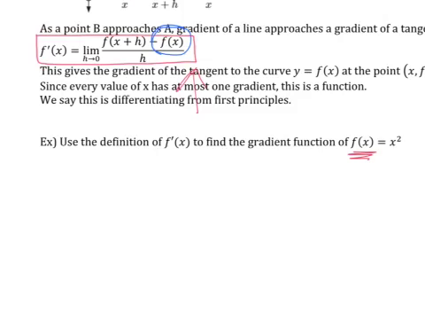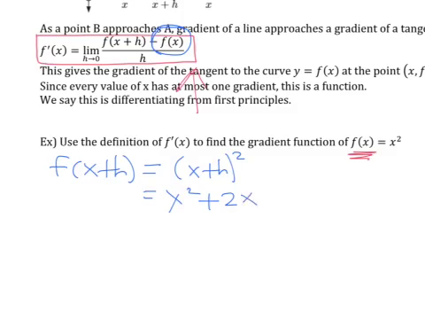Very similar to the problem that we did in the very beginning. So if you have f of x plus h, in this function, every x you're going to replace with x plus h. Therefore, it'll become x plus h quantity squared, which we can simplify as x squared plus 2xh plus h squared.